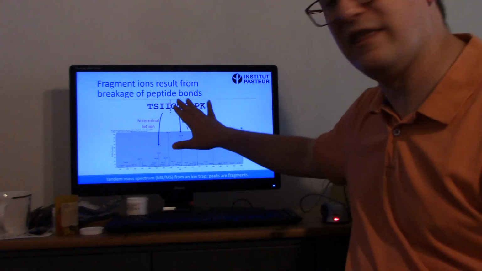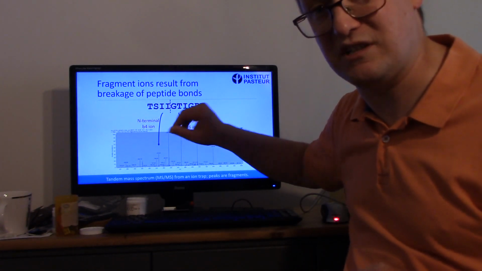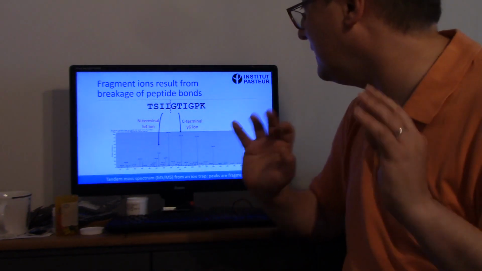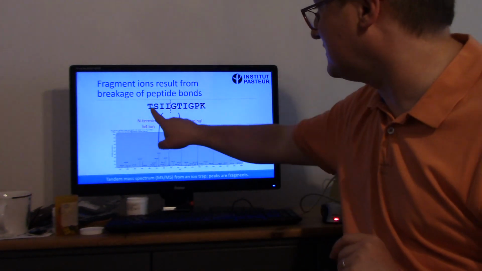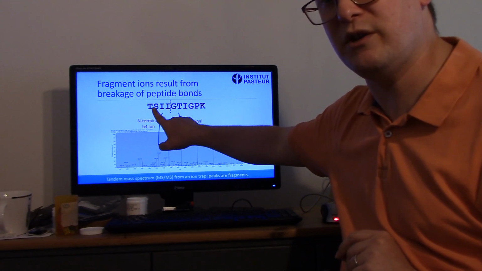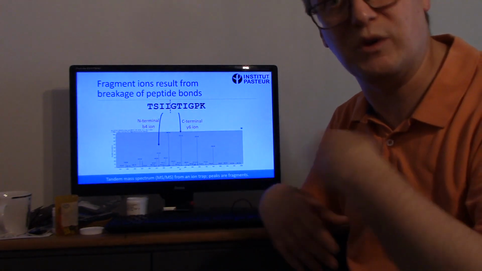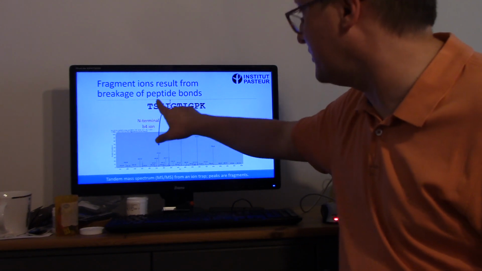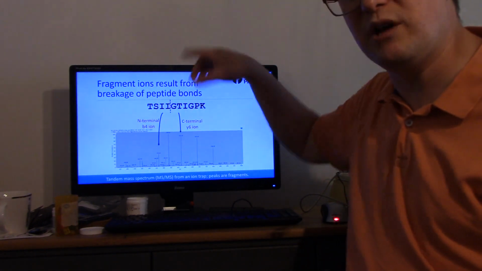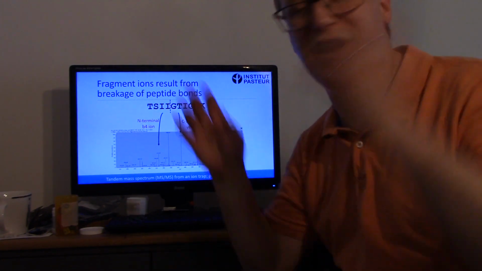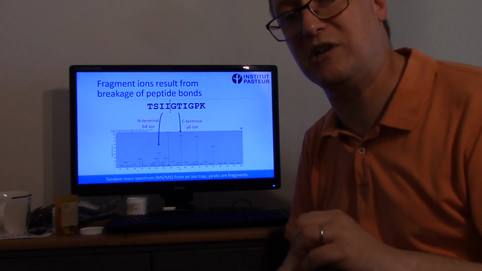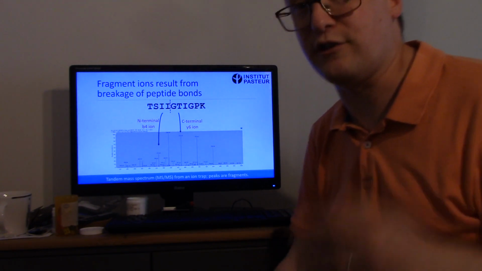Which means that if you have many copies of this peptide, and each of them is breaking independently of the others, you may get some evidence of where each peptide bond falls and what the masses of the amino acids are on either side. If you're very lucky, you're going to break them all. You're never that lucky, though. Generally speaking, some parts of the peptide will have better evidence than others.